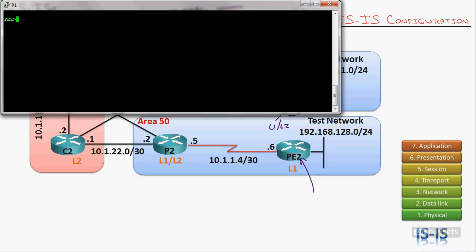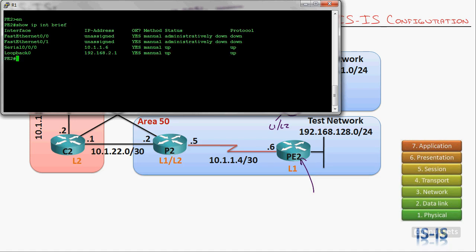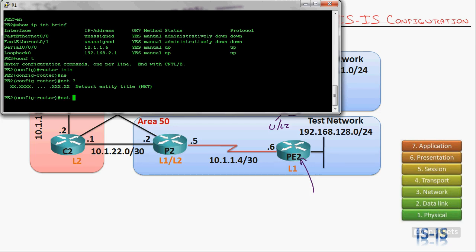All right, PE2 is live and in the game. I'll do a show IP interface brief, very similar to PE1. Looking good. So I'll go into global config mode, router ISIS. We'll do that net command, and we will put in, what would that be? We're in area 50 down here.